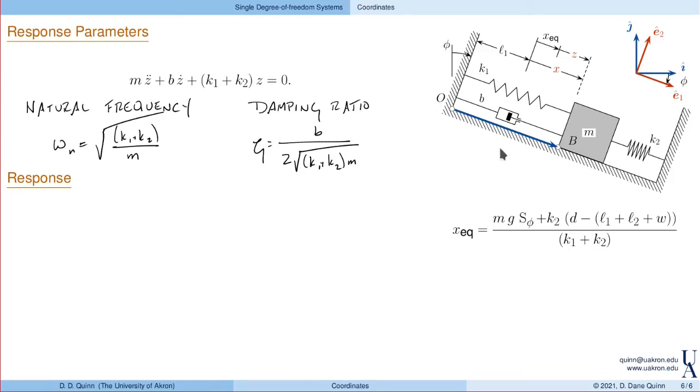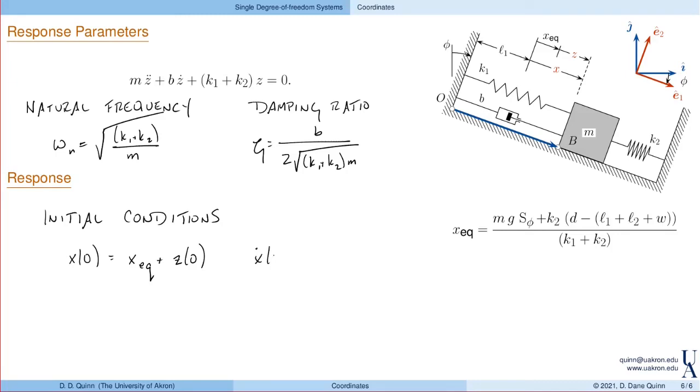And here, if we look at the response of the system, the initial conditions, well, maybe those are given in terms of x. X is a nice physical measurement that we can make, right? It's possible to go into a lab and measure the stretch in the spring. Right? So here, x of 0, the initial displacement, is the equilibrium displacement, which we would find, plus the initial displacement of z.